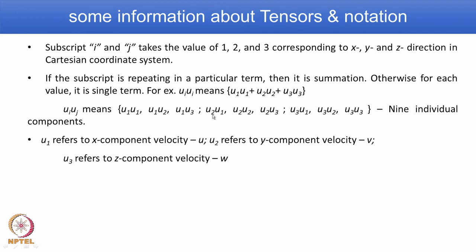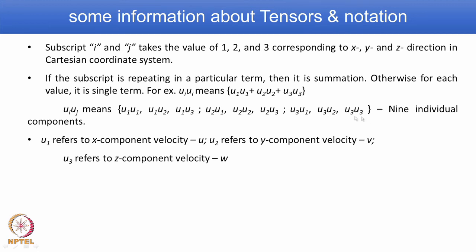Similarly, i now takes the value of 2, j will take again the values of 1, 2, 3 separately. So, you get another 3 components: u2 u1, u2 u2, u2 u3. Third possibility, i takes a value of 3 and j takes a value of 1, 2, 3. So, you have u3 u1, u3 u2 and u3 u3.